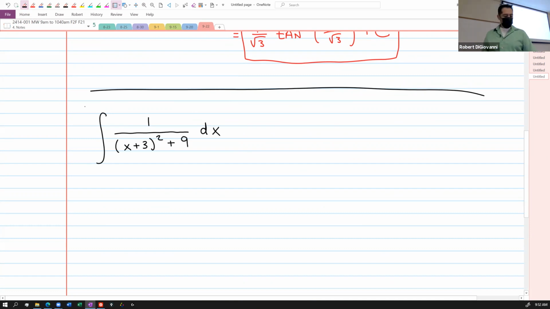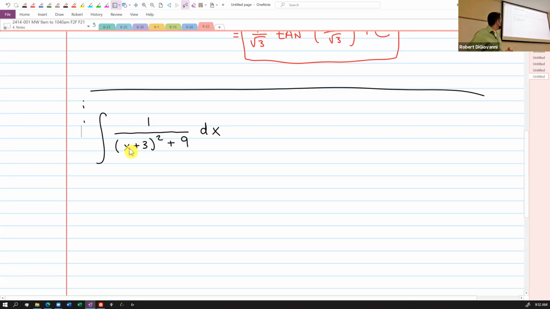Let's say we've been working a problem and we get to this point. Do you all see formula 17 here? I could do a u substitution: u is x plus 3, and du would be dx. Do we have to do all that, or can we just mentally go right to the answer? I want you to get to the point where you can mentally do that.